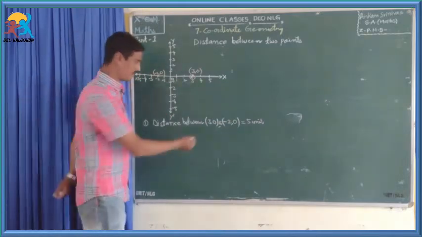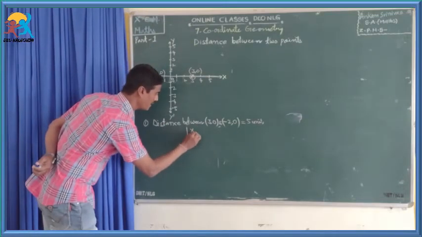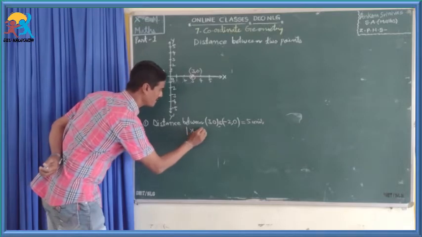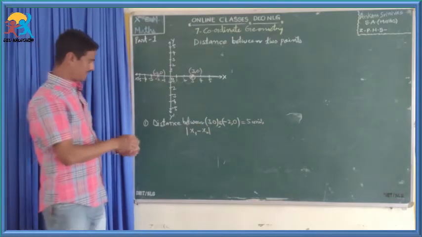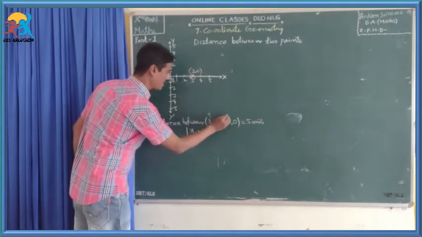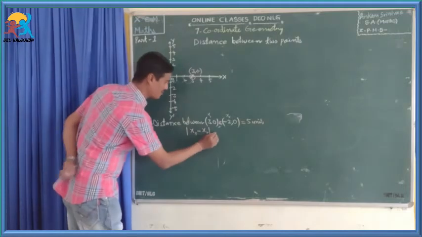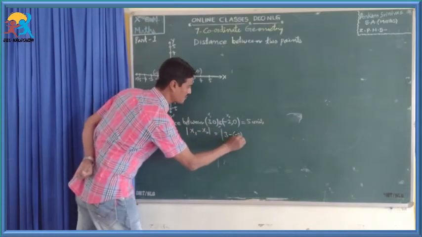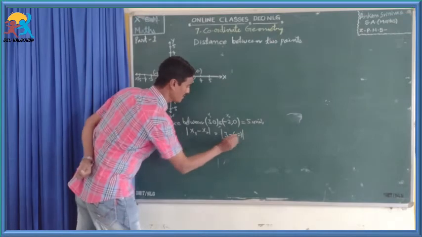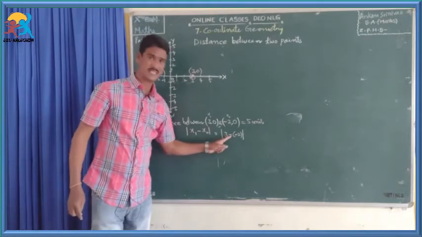We can also use the formula mod x1 minus x2. What is x1 here? This is x1 and x2. So we take mod of 3 minus negative 2.